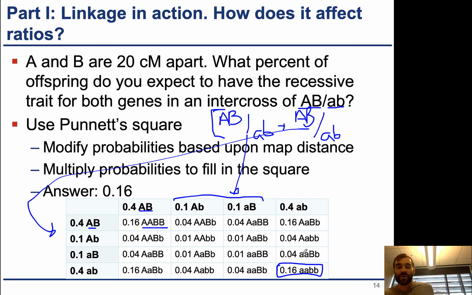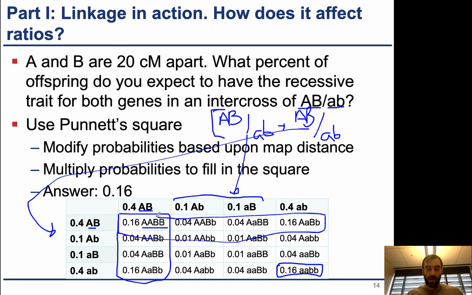If I asked you, what percentage of individuals would be dominant for both traits, then I would have to group these together. So you would have to find all of the individuals that had the dominant traits for both, and you would just have to add each of those together.